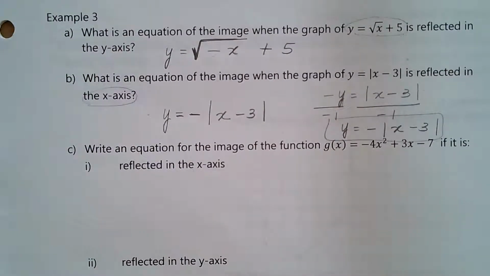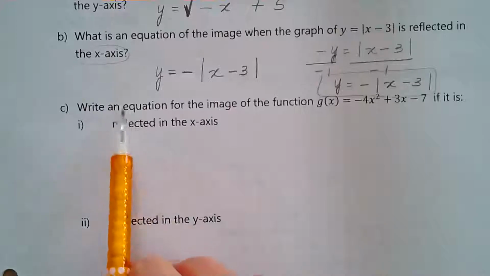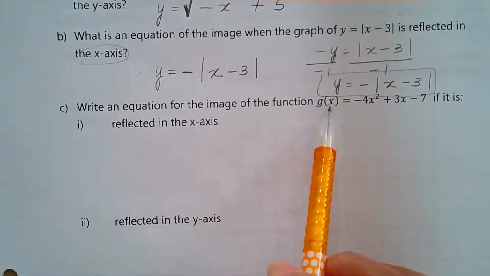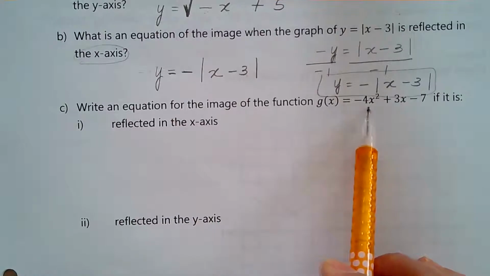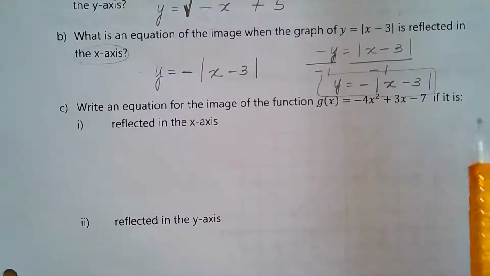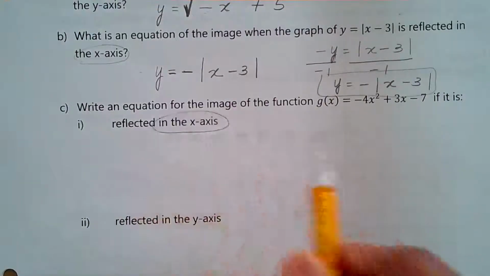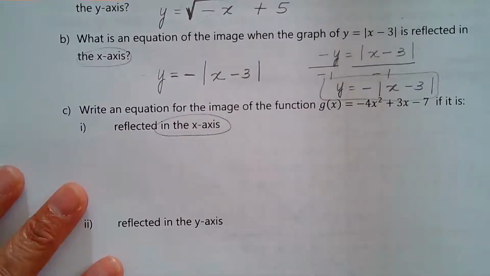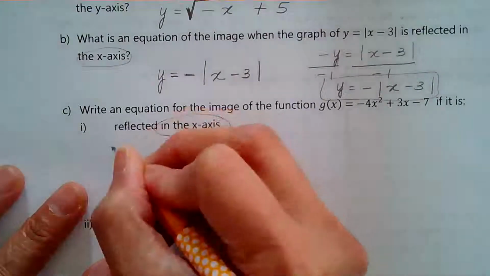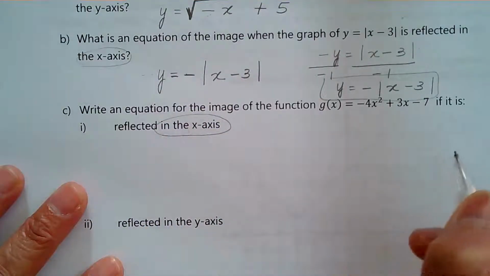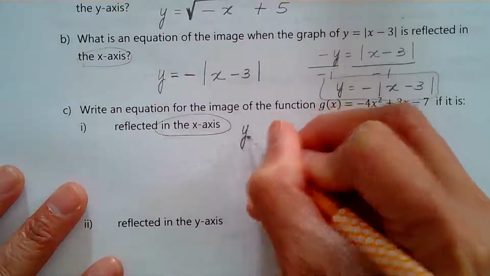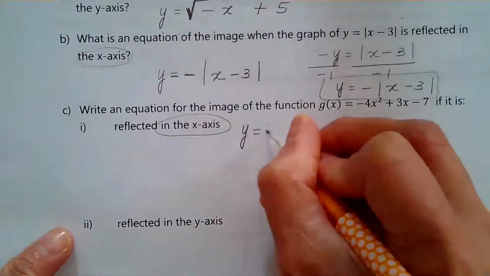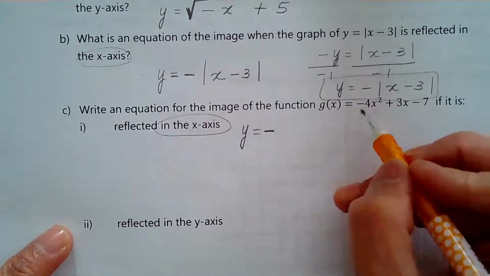Let's take a look at letter C. Write an equation of the image of the function g of x, which is negative 4x squared plus 3x minus 7, if it is reflected in the x-axis. Reflected in the x-axis, so the y changes. I like the thing that one of your colleagues said earlier. So y equals the negative of all of that.